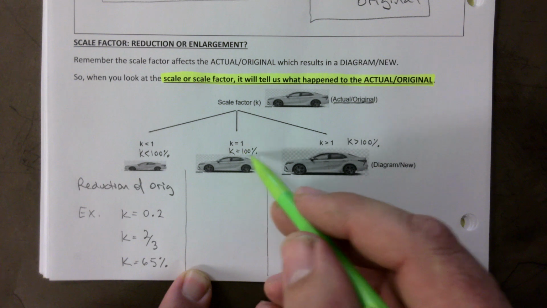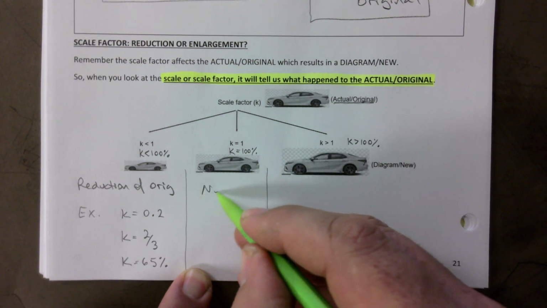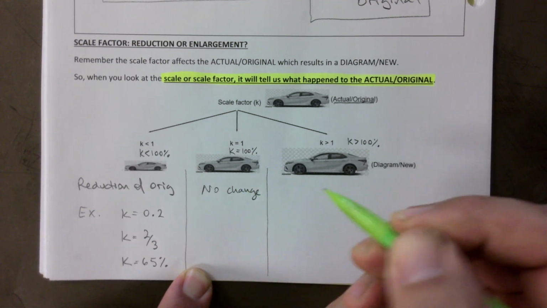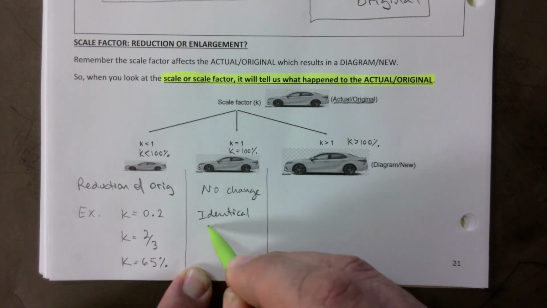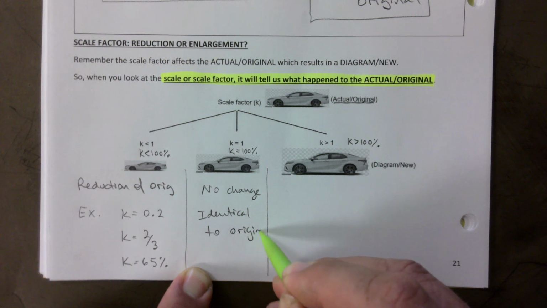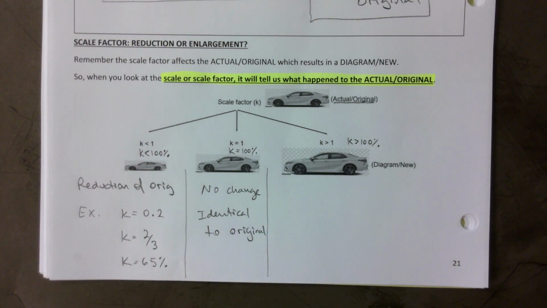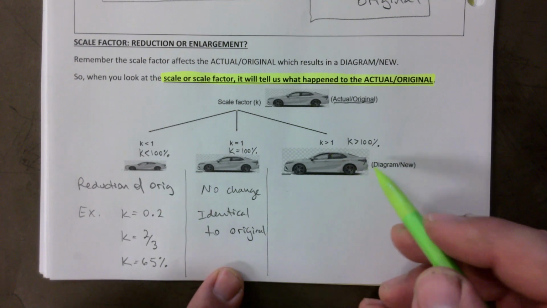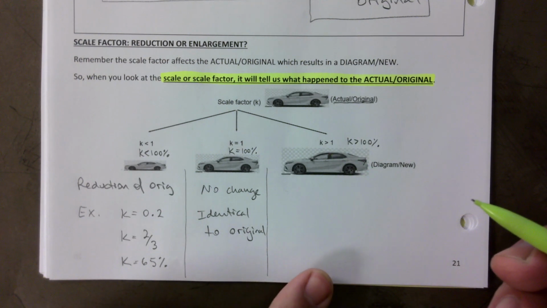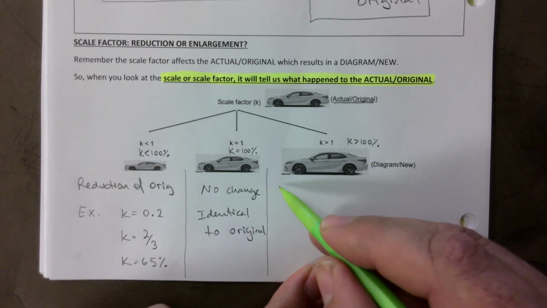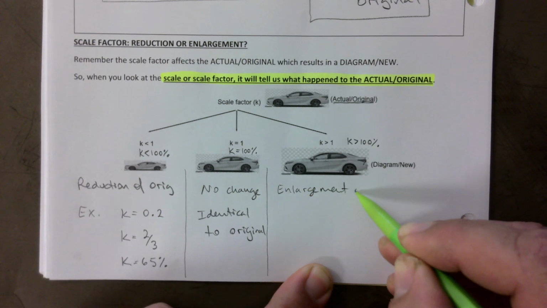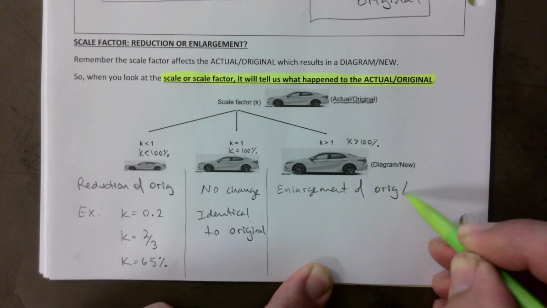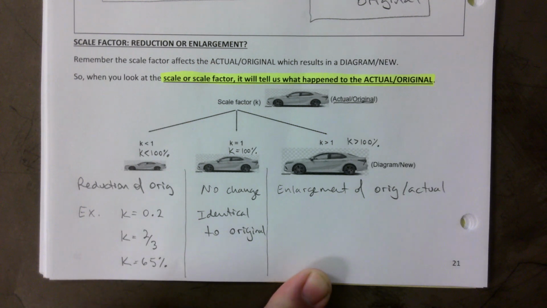If K is equal to 1 or 100, there is no change. You're actually just making the exact same copy, okay? Identical to the original. And then if K is greater than 1, you have an enlargement, okay? And I'm going to sneak in the actual as well.